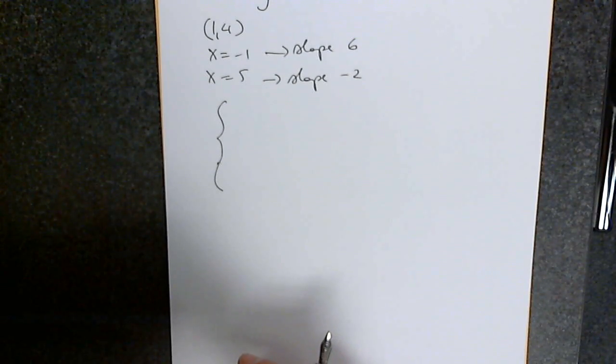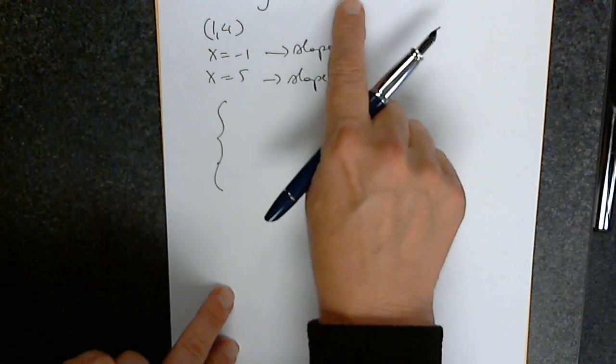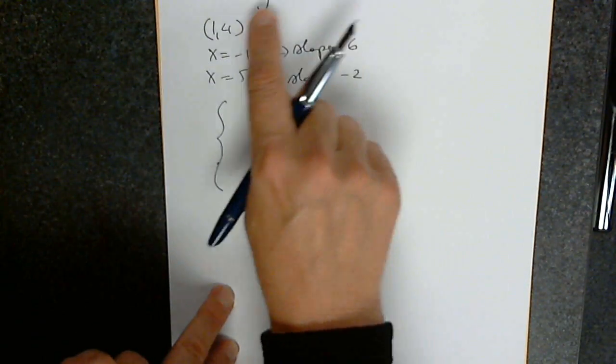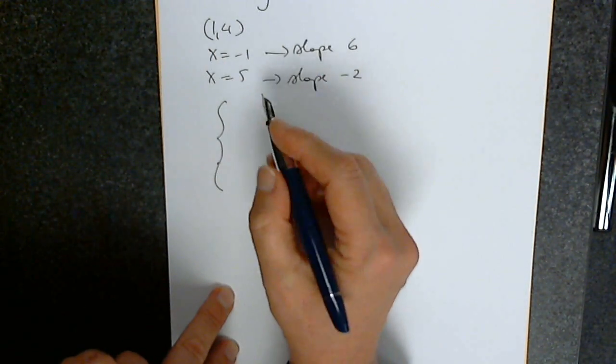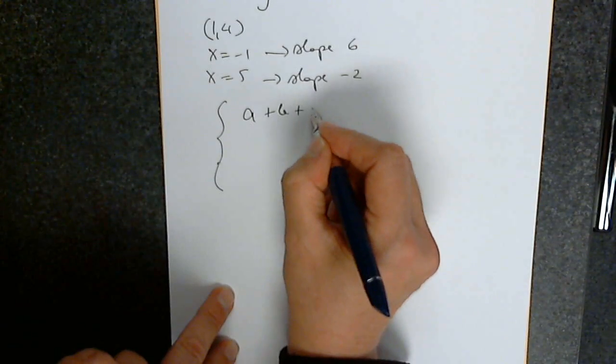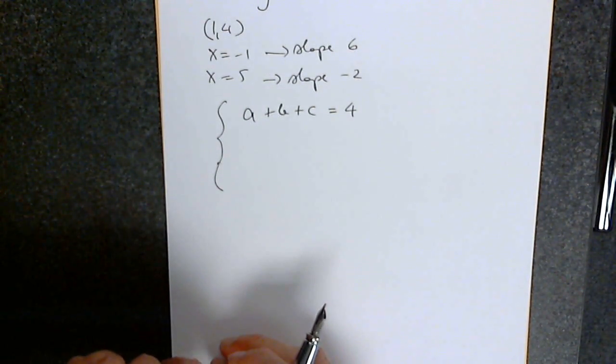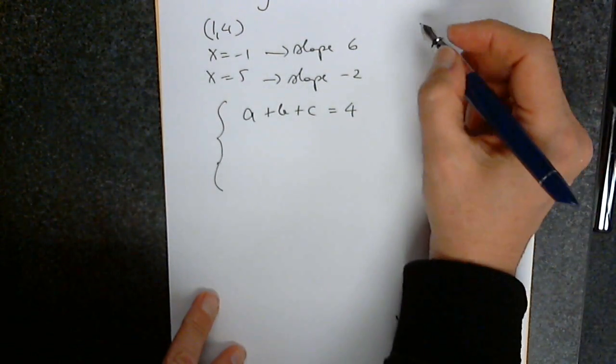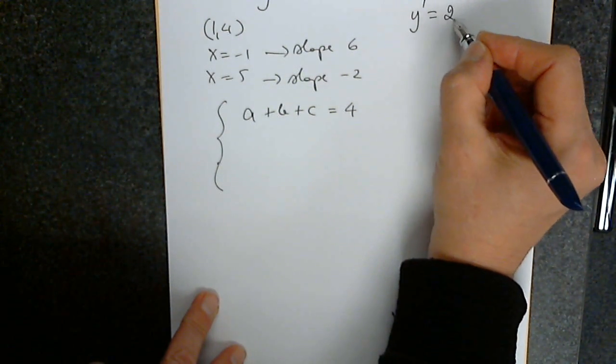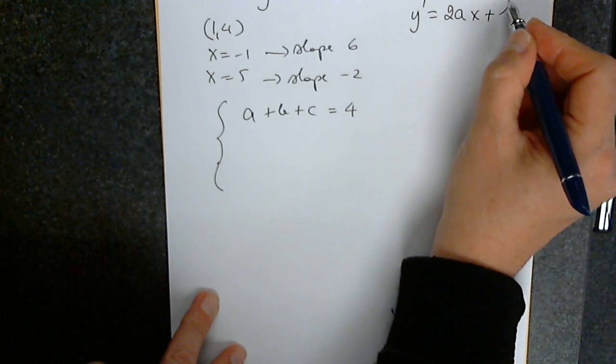So you have a plus b plus c is equal to 4, because when x is 1, y is 4. No doubt about that. And then taking the derivative, y prime is 2ax plus b.